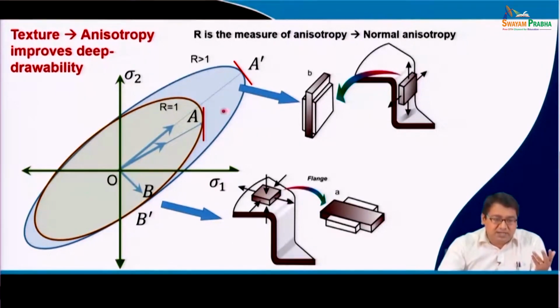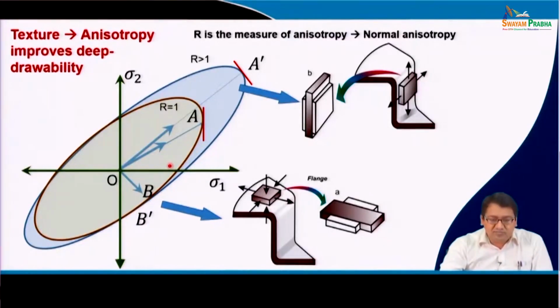So, you see anisotropy, if this is the simple yield locus for a non-anisotropic material. R is the measure basically used for measuring anisotropy, and R is basically the normal anisotropy. If R is 1, the material is called fully isotropic, something like this.